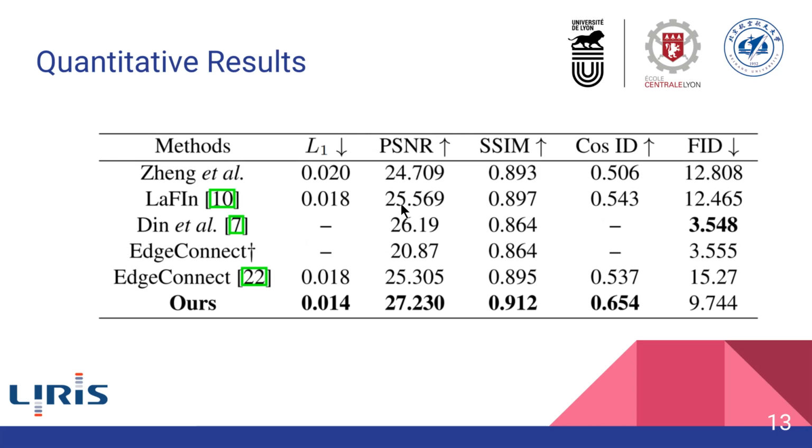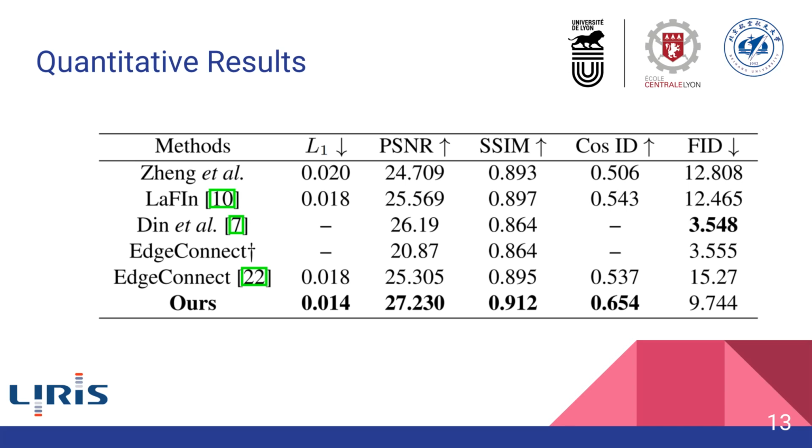For quantitative evaluation, we synthesized 1,000 masked face images on the test set, and then used LaFIn and Zheng et al.'s method to recover the unmasked faces with externally provided binary mask maps.